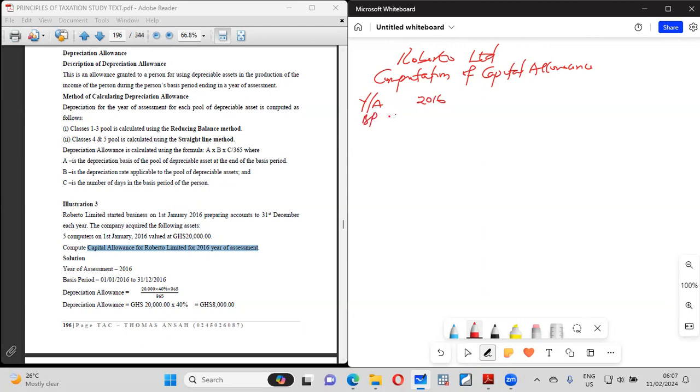You have to be careful, because if it is a company, you have to understand that their basis period is the accounting year. The year of assessment, according to section 18, is always the calendar year. If it is 2016, it's 2016. But the basis period of a company is its accounting year.